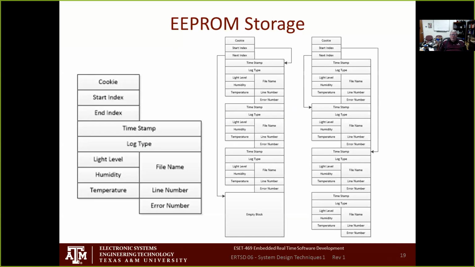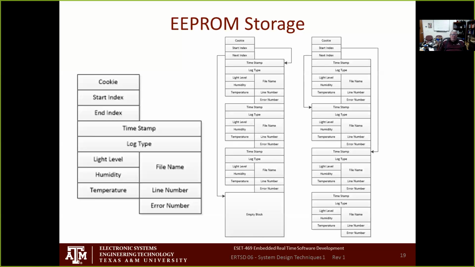That is an erased state. So if I set my cookie to all ones, then the moment I read an uninitialized EEPROM, I'm going to see that cookie there, and if it's FF, I'm going to assume, hey, looks like we're all initialized. That's dandy.